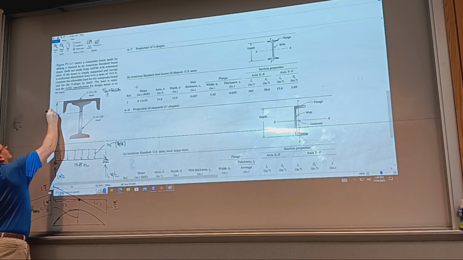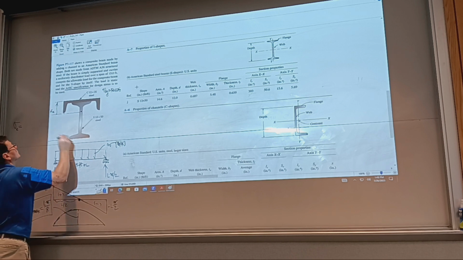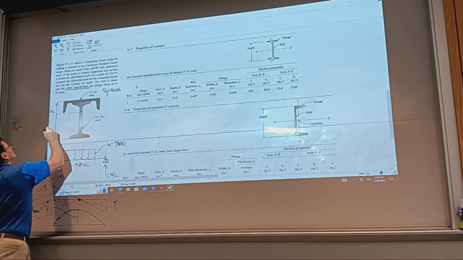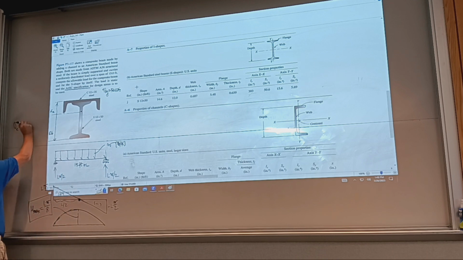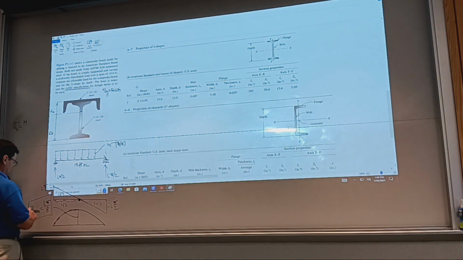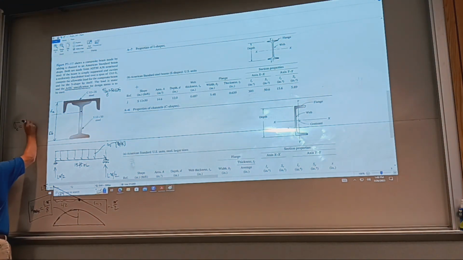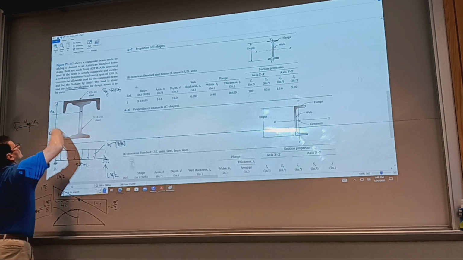Above we used A, and then we use C below, if you remember. So it's going to be C above, times M, that is the maximum moment, over the centroidal area moment of inertia for the combined section.